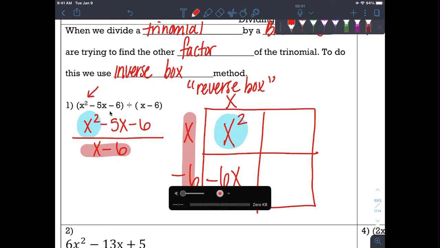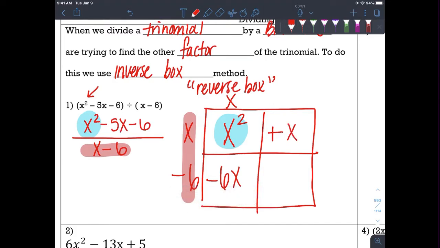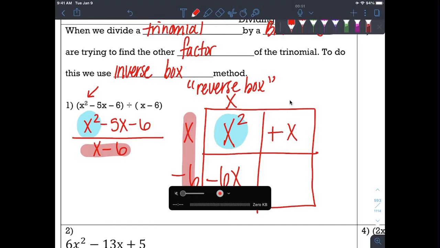However, I need to get to negative 5x. How do I get from here to here? I add 1x. Then I ask myself, in order to get x, I multiply x times positive 1. And then positive 1 times negative 6 goes over here.